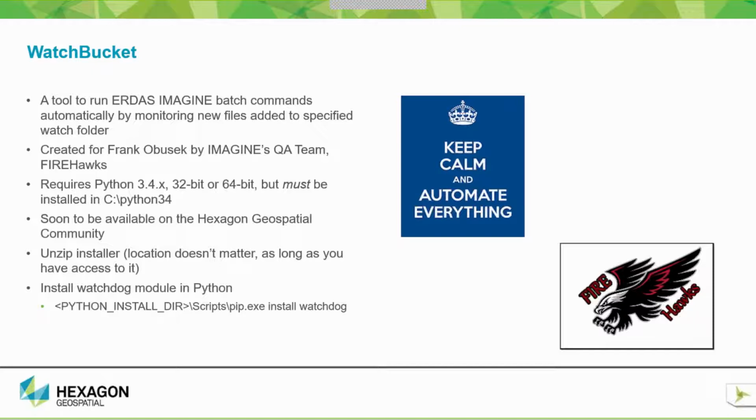When some data appears in that folder, it is automatically processed. This particular tool requires Python 3.4, 32 or 64-bit, but it does have a restriction. This is simply a prototype.